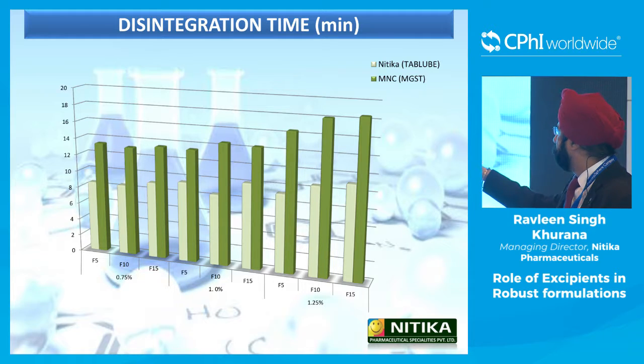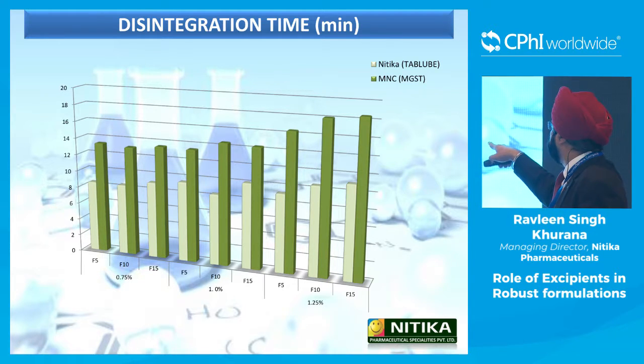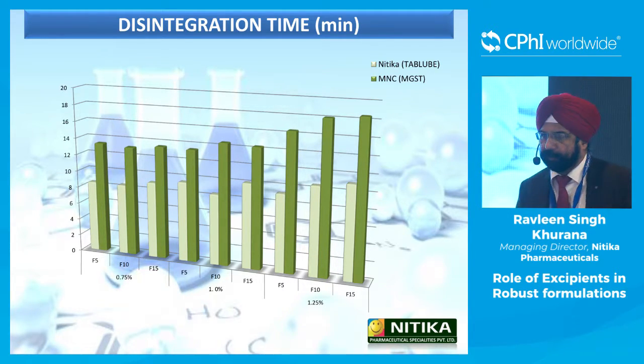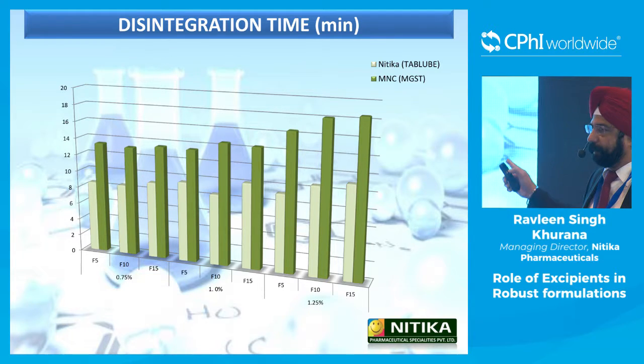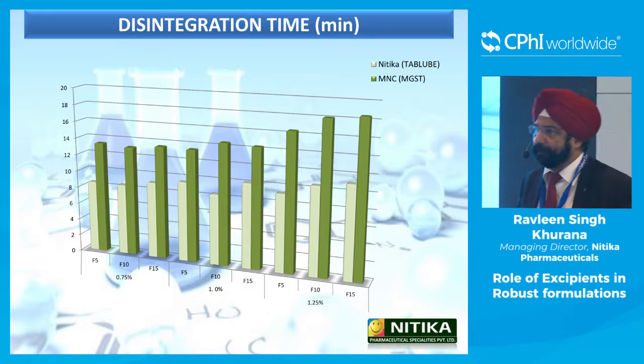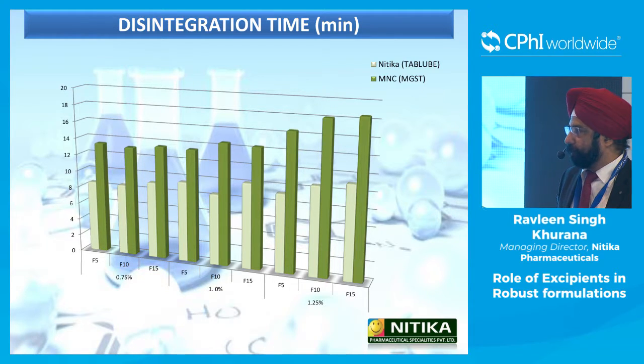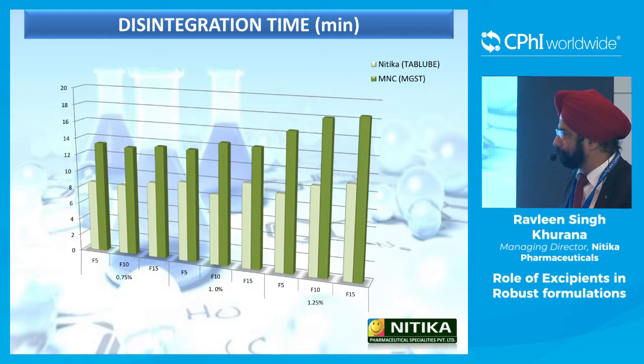So if you look across the board with the Nitika material, the disintegration time is between 8 and 10 minutes, and against that with the other brand of magnesium stearate, it is crossing 18. So the disintegration time has doubled in the formulation because of the change of one critical excipient, the magnesium stearate.